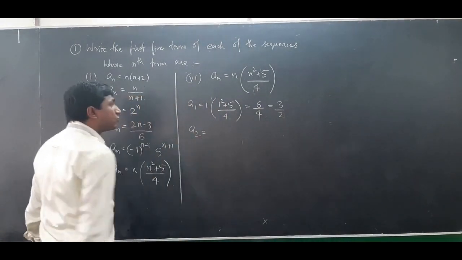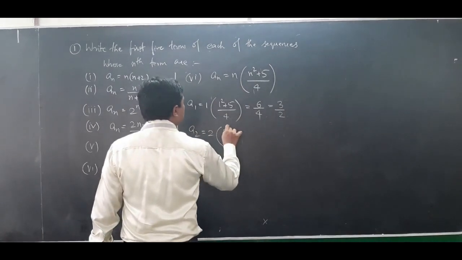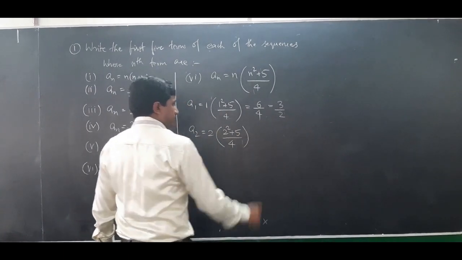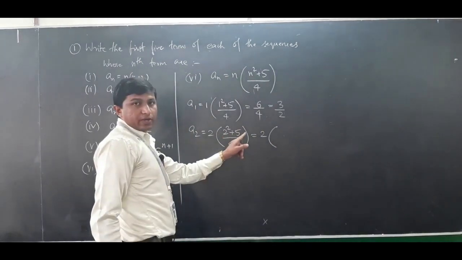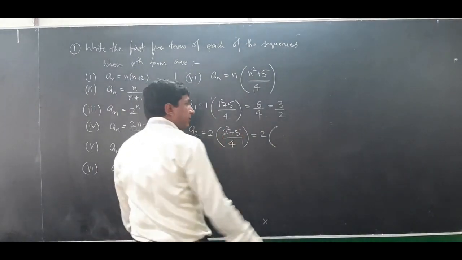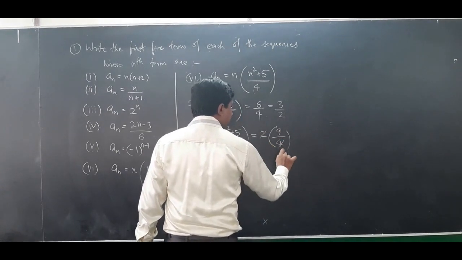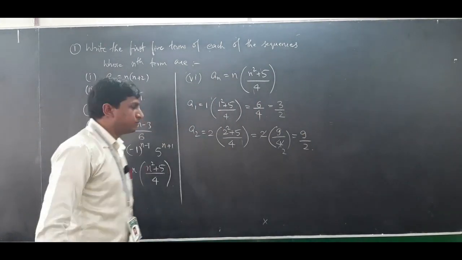Second term, a2 is equal to 2 into 2 square plus 5 by 4. So that is 2 into 2 square is 4, 4 plus 5 is 9 by 4. 2 1s are, 2 2s are, this is 9 by 2.